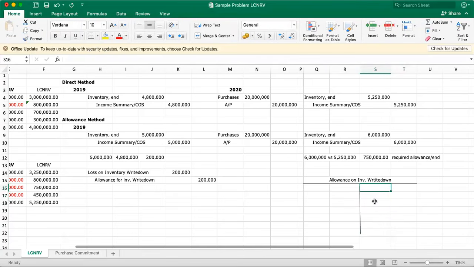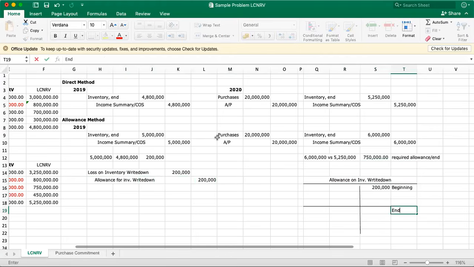Okay, beginning balance from 2019, pila to? Allowance na to. You have 200,000. This 200,000 is the beginning balance. And right now, the required allowance is 750,000. Again, required allowance is the ending balance.